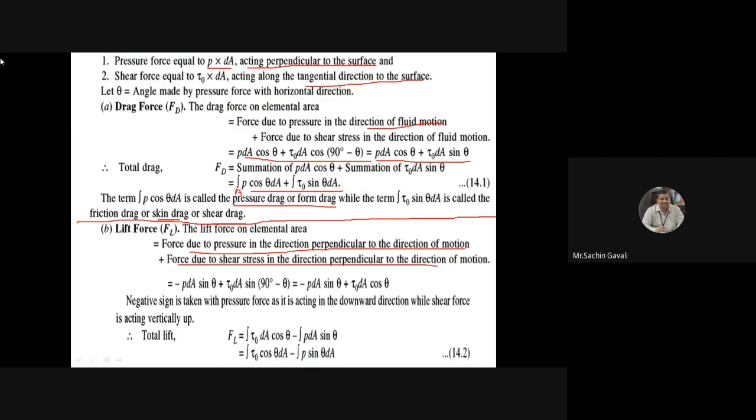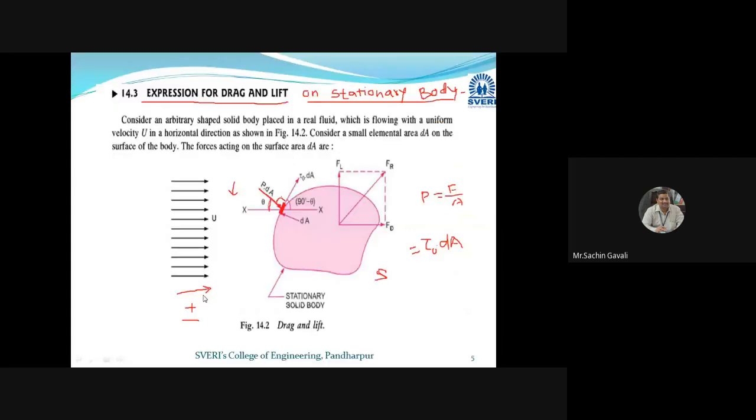Now, therefore, the force due to pressure is P dA sin theta, but it is acting in the downward direction after resolution, therefore it is minus. So minus P dA sin theta is one component, plus tau naught dA sin of 90 minus theta, but it is acting in the upward direction.